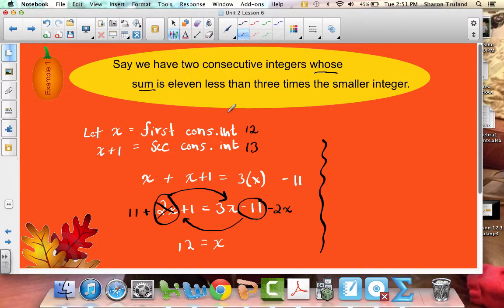Whose sum, all right, so they want me to take 12 and 13 and add them together. What about their sum? That sum is 11 less than 3 times the smaller. Well, 12 is the smaller. 12 times 3 is 36. 25. Yep, it checks.